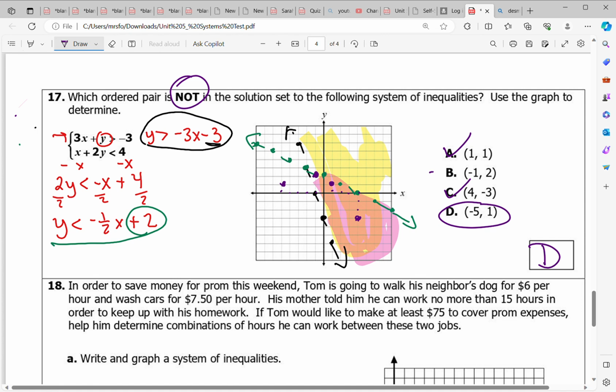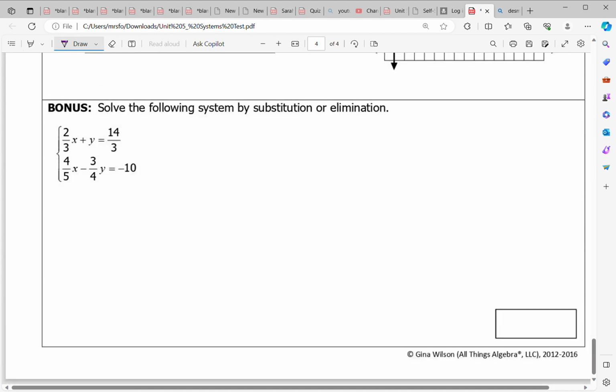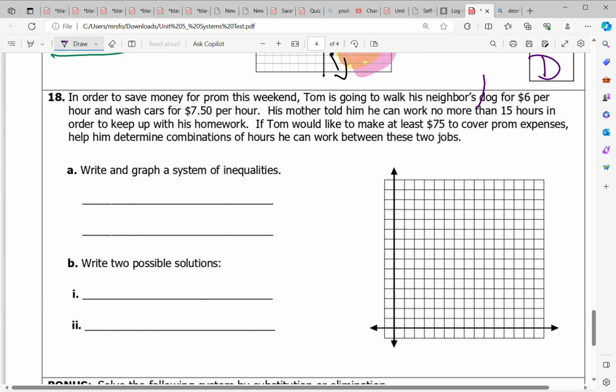All right, so D. All right, so now we're looking at a word problem. In order to save money for prom this weekend, Tom is going to walk his neighbor's dog. $6 per hour to walk a dog, and $7.50 per hour to wash cars.